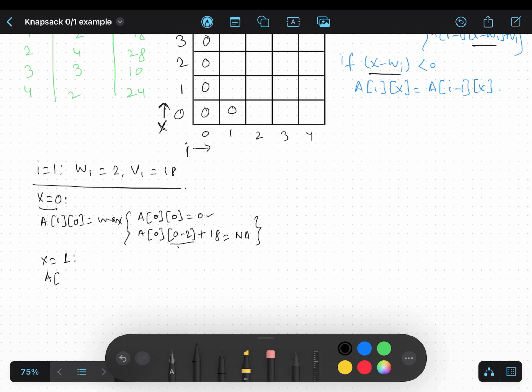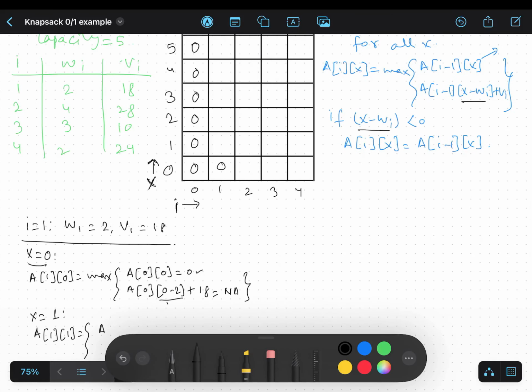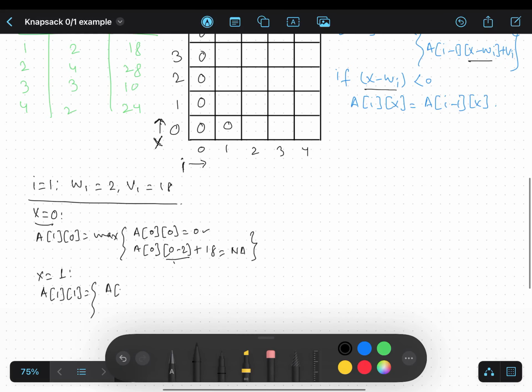This means A(1, 1) is the max of A(I minus 1, x). You need to remember the recurrence. A(I minus 1, x) is A(0, 1), which is 0. And then A(I minus 1, x minus W1), which is x is 1 minus 2 is minus 1, plus Vi is 18.